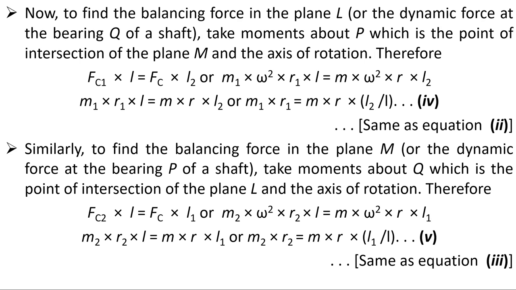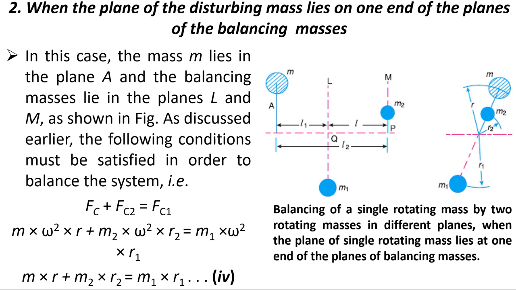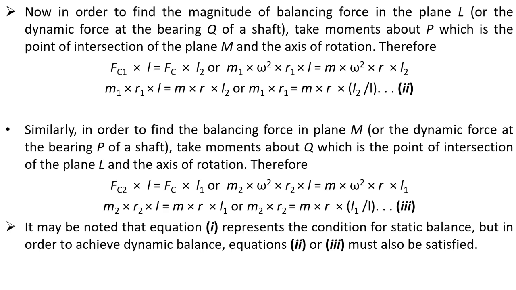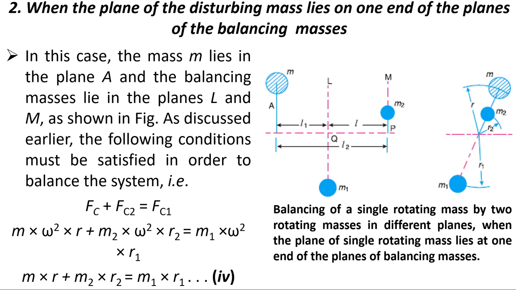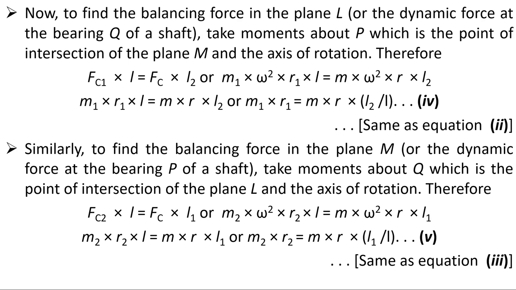So we get the same equations here: 2 and 4 are the same, and 3 and 5 are the same. So you have considered both the conditions. To balance two masses in different planes, you need to use these conditions.